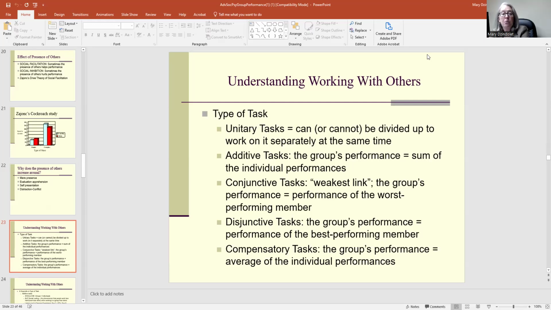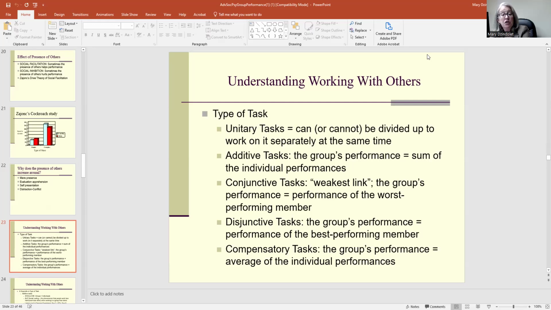We have our brightest people and we put them in advanced classes and give them extra help so they can proceed quicker, gifted and talented programs and such, and put them together so that they can help spur one another on. And so we're acting as though the whole group's performance is equal to the performance of the best performing members. That's a disjunctive task.